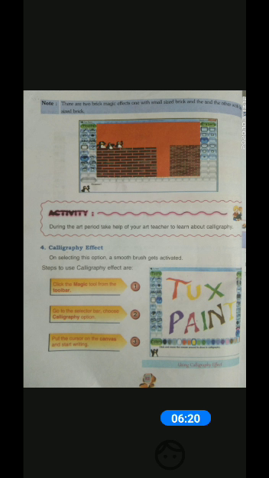It means when we click on this tool, a smooth brush appears on the canvas area. Then the steps to use calligraphy: the first step is to click the Magic tool from the toolbar. Then go to the selector bar and choose the calligraphy option. Then put the cursor on the canvas and start drawing.